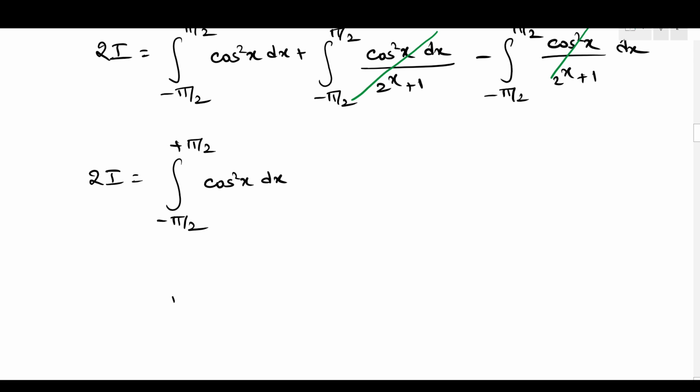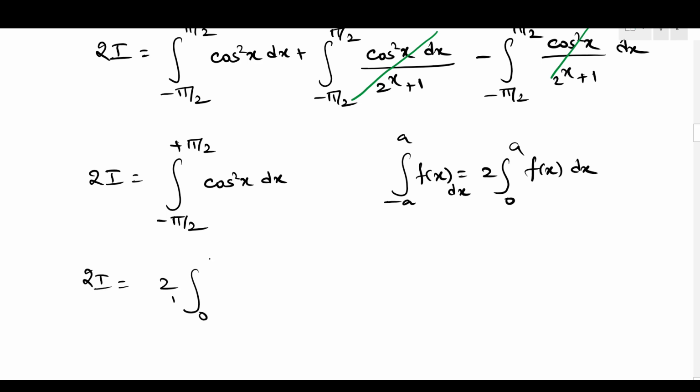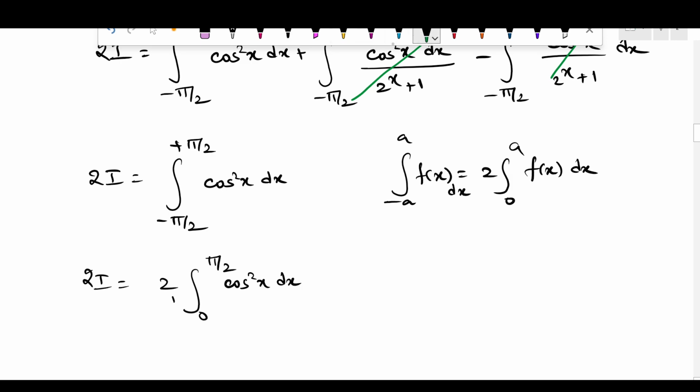Now since cos x is an even function, you may use this property. Right? Let us use this property. Twice the integral from 0 to pi by 2 of cos square x dx. Right? This 2 and 2 get cancelled out. We are finally left with the integral from 0 to pi of cos square x dx.